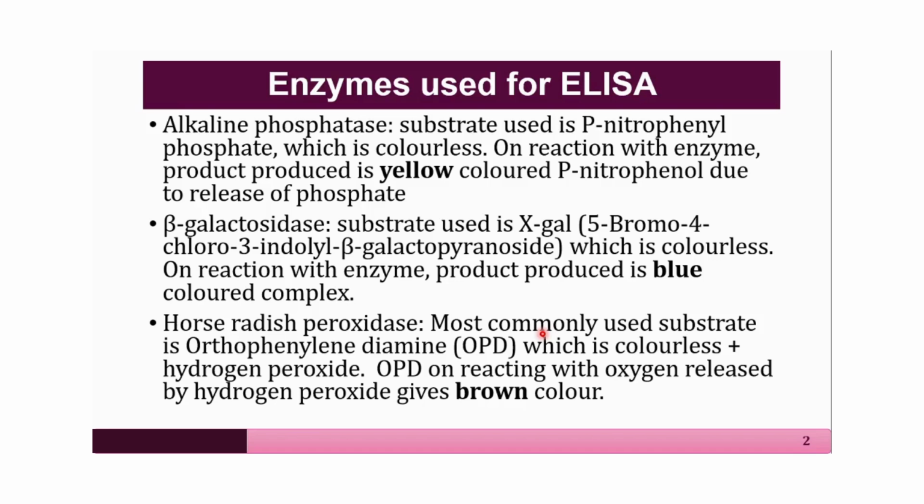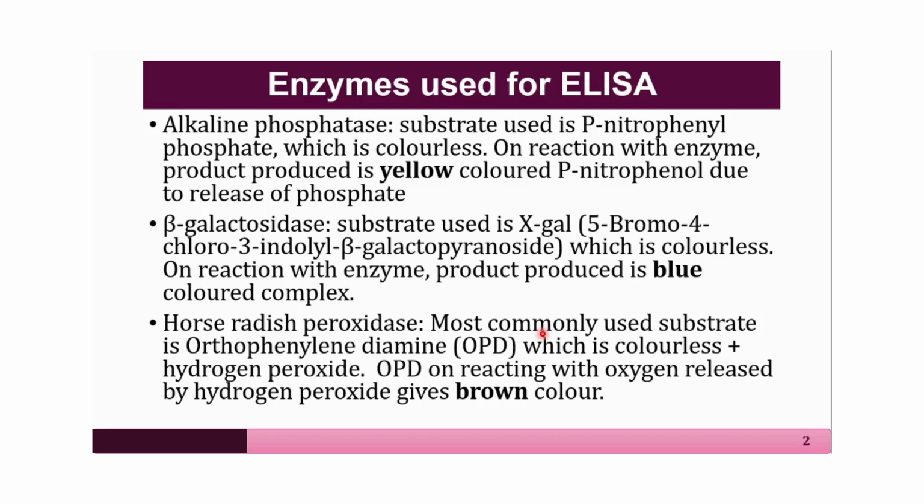The horseradish peroxidase reacts on hydrogen peroxide, cleaves it and produces oxygen. The molecular oxygen released due to the action of the horseradish peroxidase will react with orthophenylene diamine and oxidize it into a brown colored complex. The brown color can be measured at 540 nanometers.